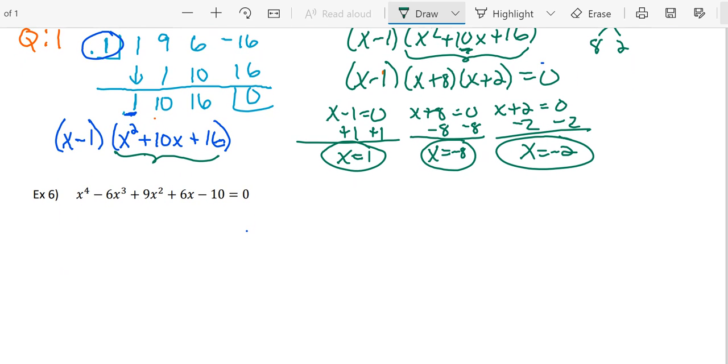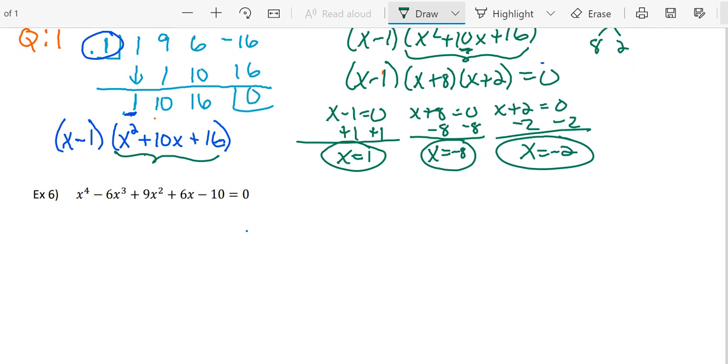Example 6. If you look at example 6, there's 5 terms. There's no GCF. A problem like this, you should look at it and be confused right now. There's no way to factor that. And it's x to the 4th, so we know we have to factor it because we can't solve anything that has an x to the 4th in it.